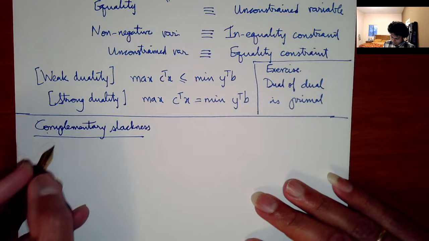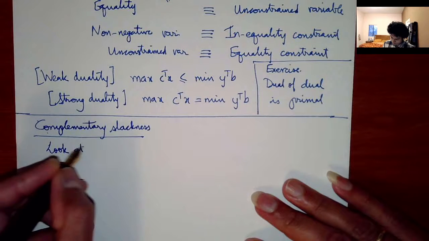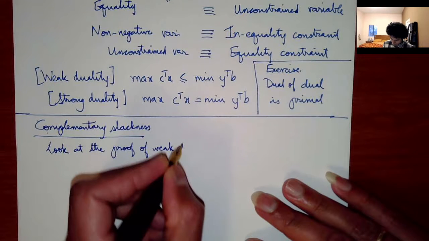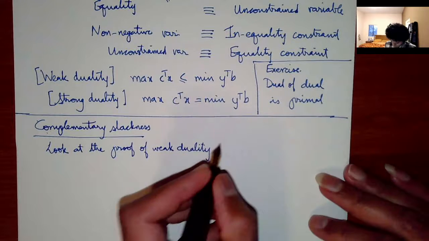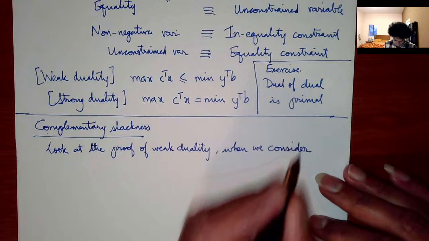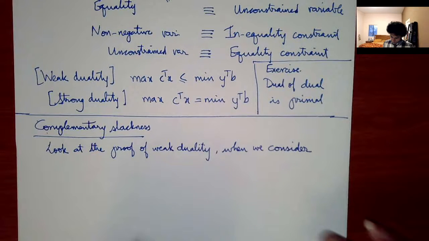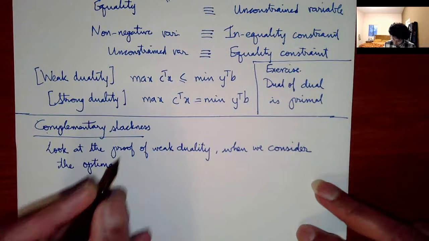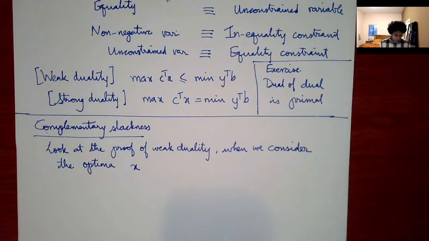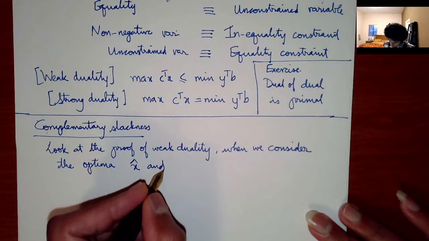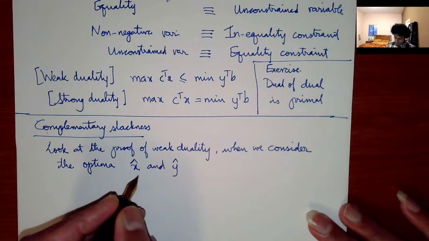It says, look at the proof of weak duality when we consider the optima. Usually they use stars for the optima, but I'm not going to use star because I've used star to index the matrix as well. So I'm going to use hats: x hat and y hat. This is the primal optimum and the dual optimum.